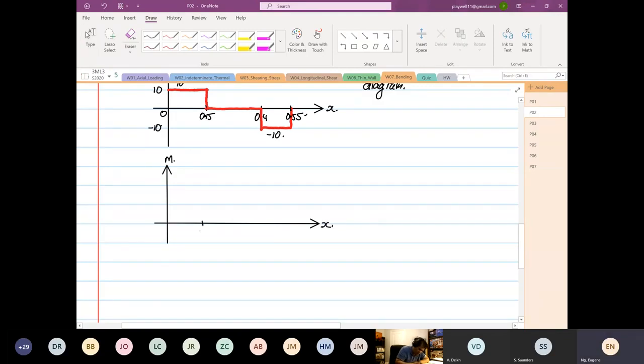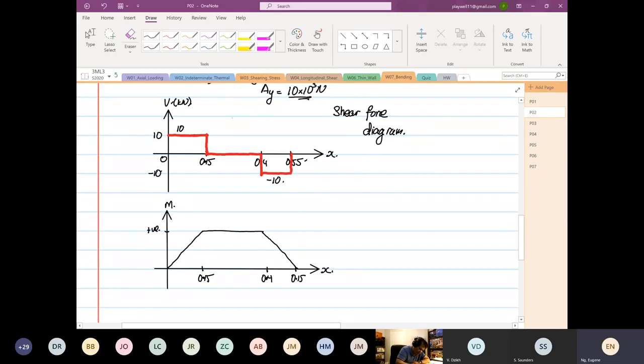So again, this is 0.15, over here is 0.4, and this is 0.15. How this will behave is you will have positive, so a slope going up this way. Then from 0.15 to 0.4, it's going to be horizontal. And then it's going to come down this way.